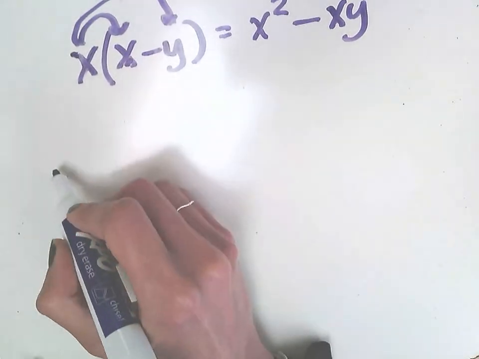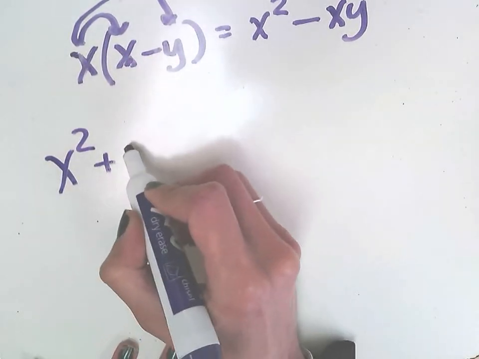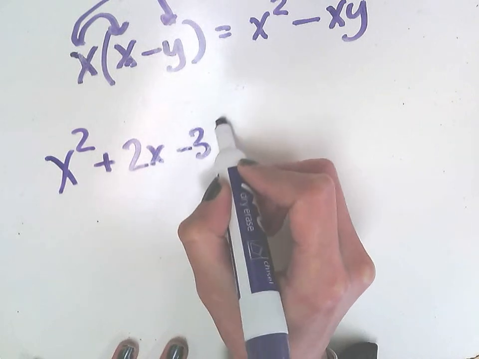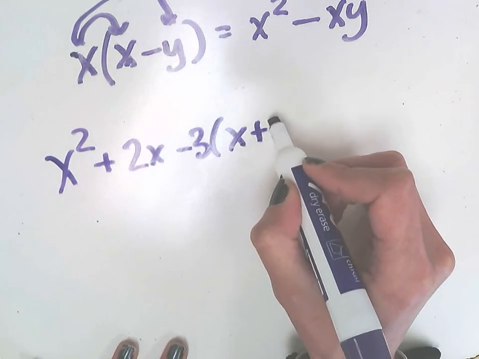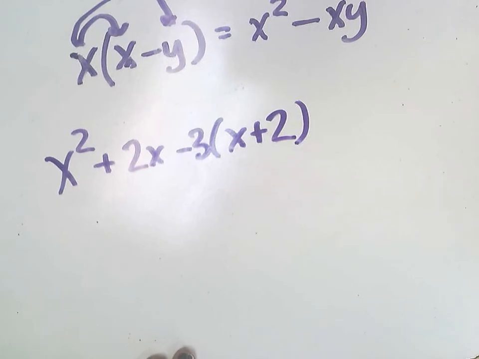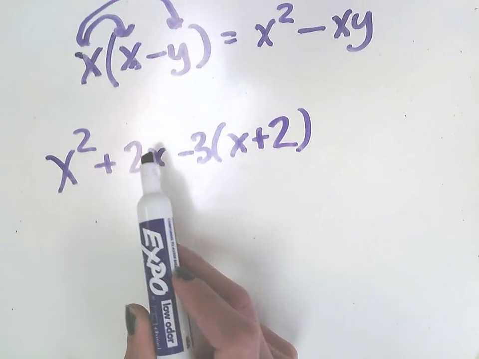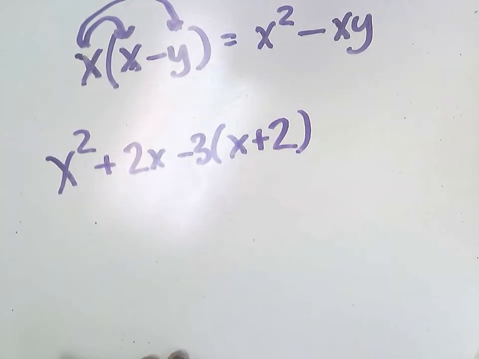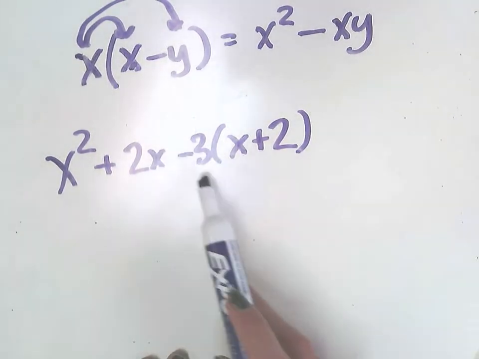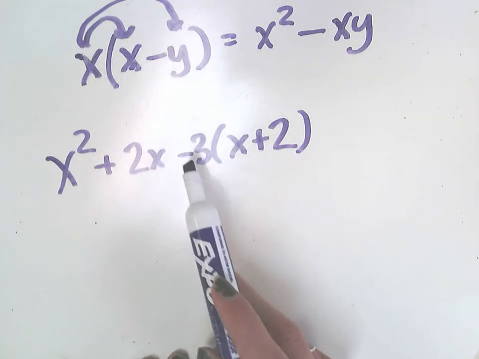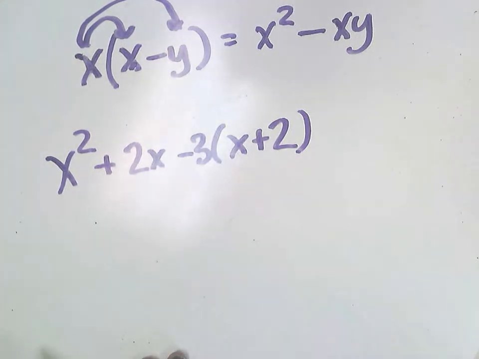How about this one? This one, we're going to have to use the distributive property and then also make sure that we are combining like terms. These parts don't really have anything to do with the distributive property, so I'm going to just set those aside for now, and I'm going to focus on this part. Here, I know that I can apply the distributive property.